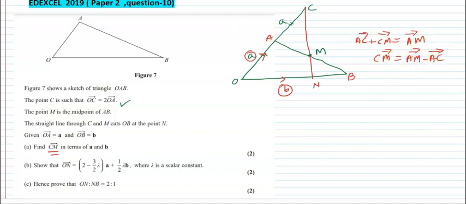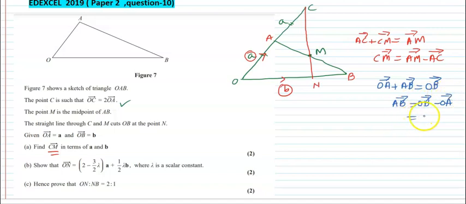But we don't know AM. To find AM, we take OA plus AB equals OB. So AB is OB minus OA.